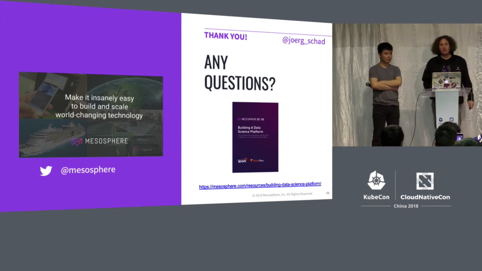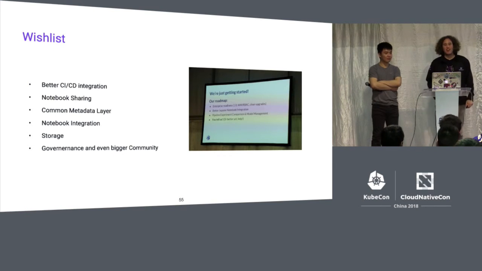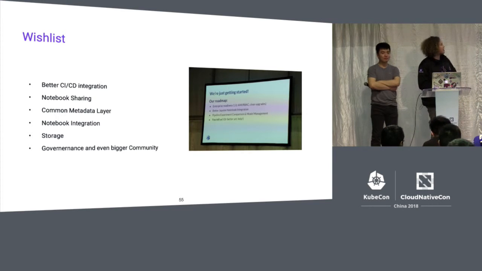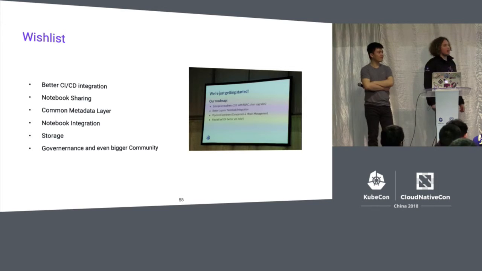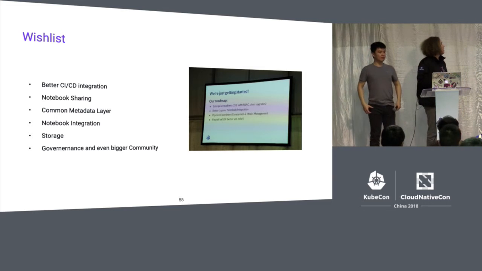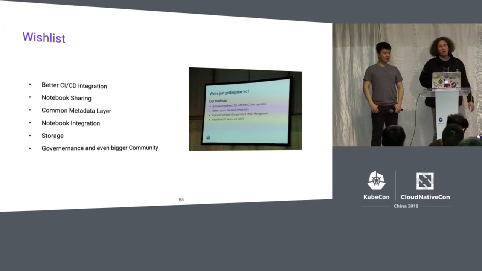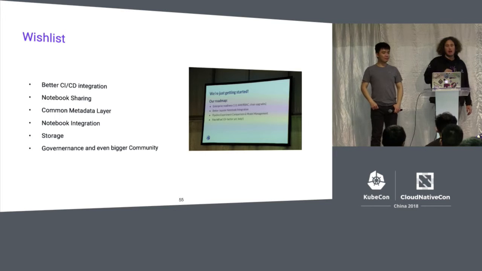I would love to close with my wish list for the next Kubeflow iterations. Yesterday we announced the 0.3 release, and the roadmap also looks pretty cool. First of all, better CI/CD integration. Seeing what's happening with Argo CD is cool, but it should be easier to integrate with different CD environments. I should be able to share my notebooks with other people.